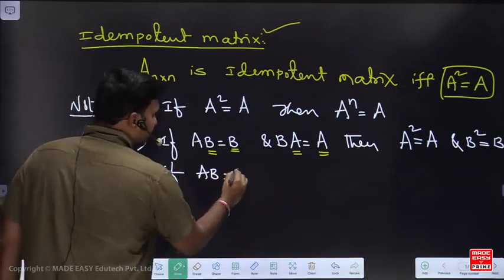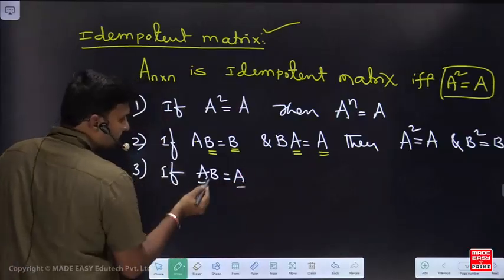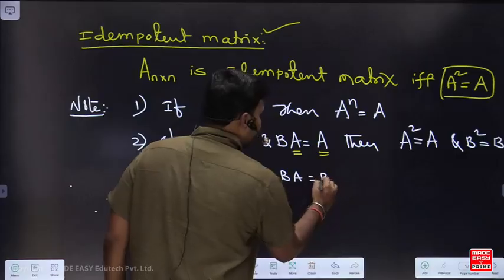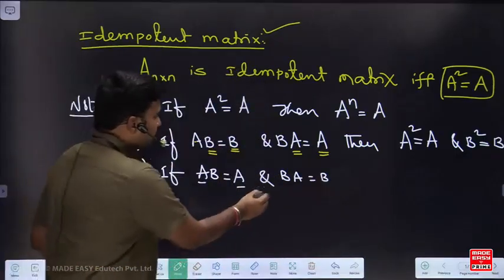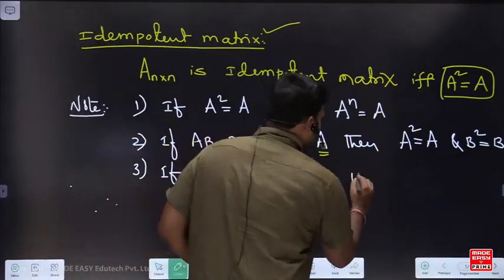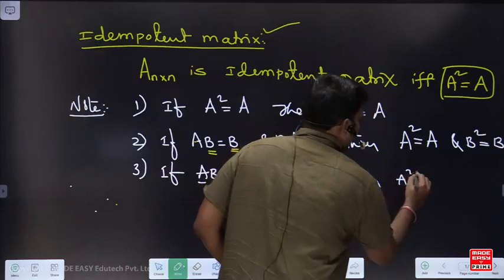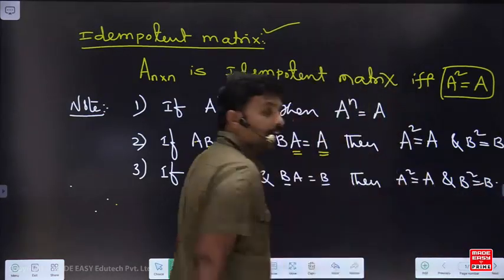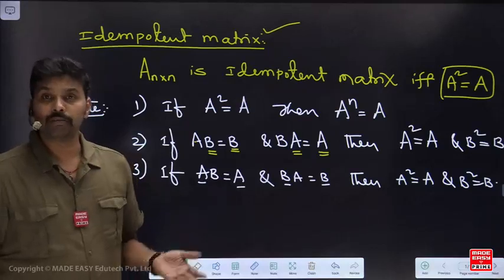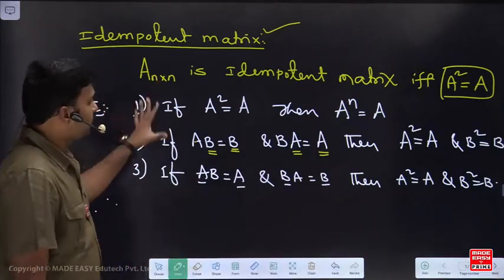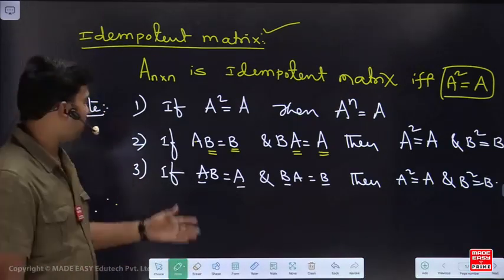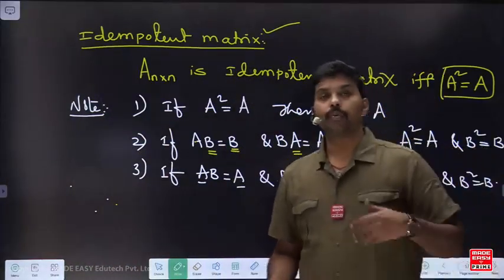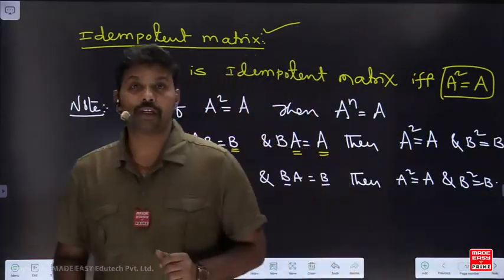If AB is equal to A and BA is equal to B, then also A square becomes A and B square becomes B. So these are the three properties we can remember and make use of in problems.